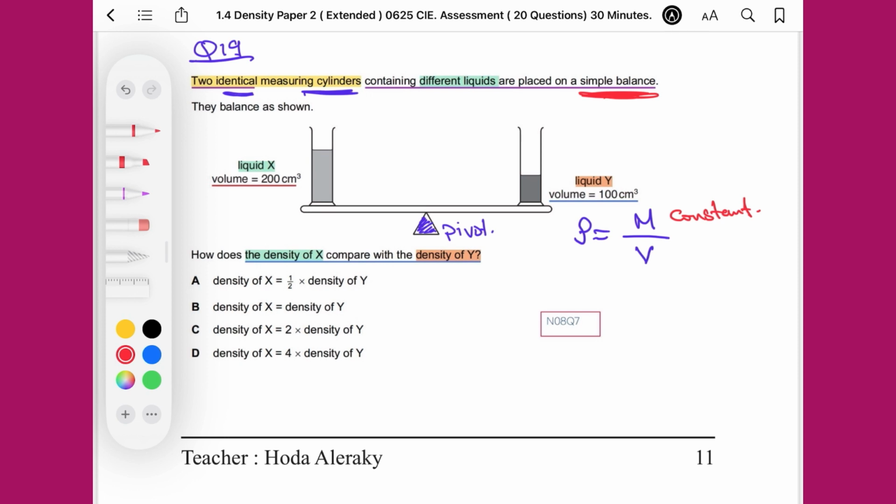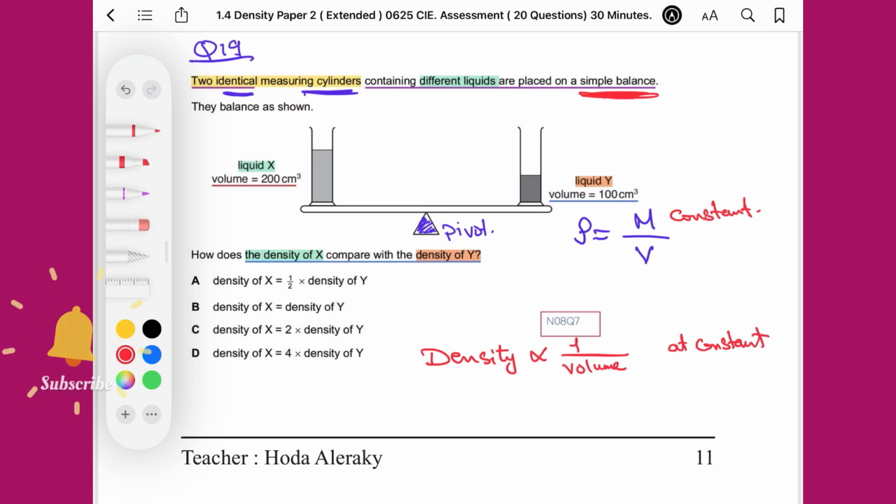To keep the mass constant, density and volume will be inversely proportional. So density is inversely proportional to volume at constant mass.